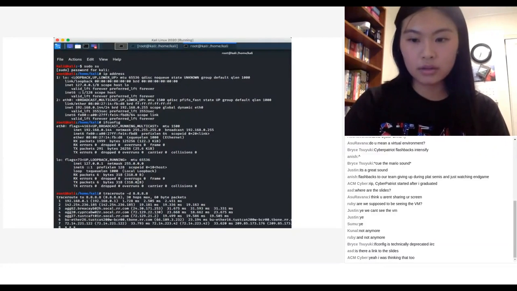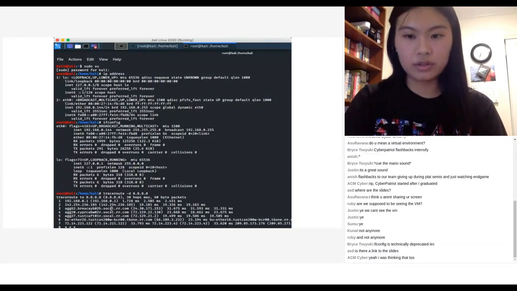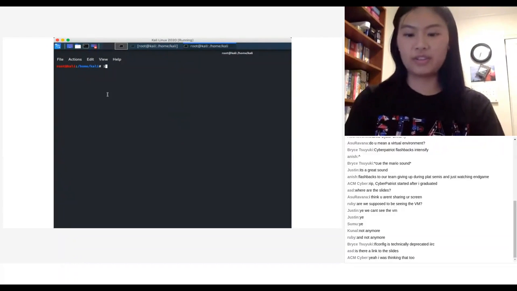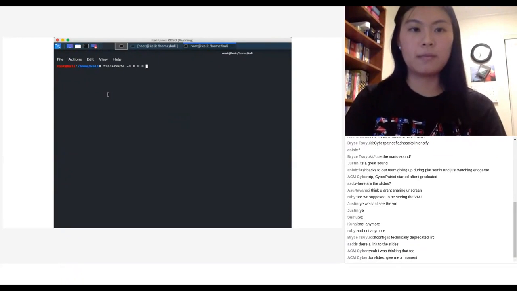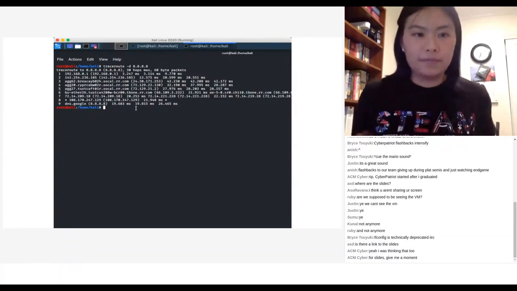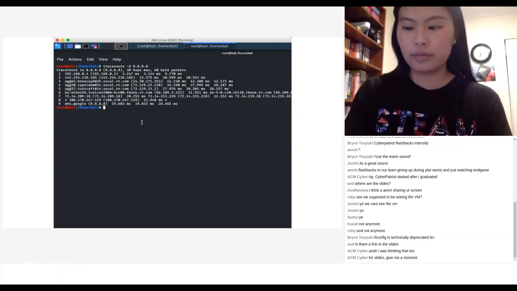Okay, so this is what you see. Let me clear this screen here. With share screen, I can't really scroll up, so I'm just going to type it here again. Okay, so this is what you guys see.